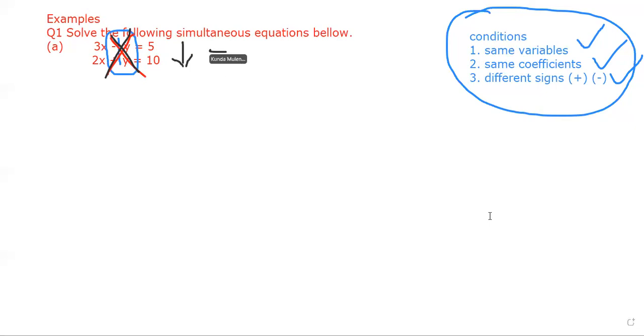We need to add. And once we add them in a vertical way, we're going to say, what is 3x plus 2x? What is 2x plus 3x?